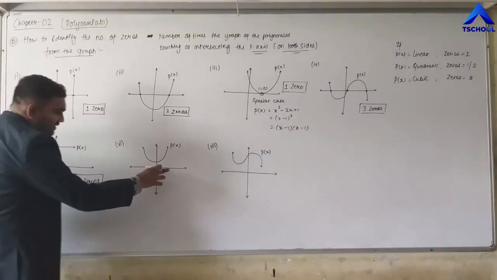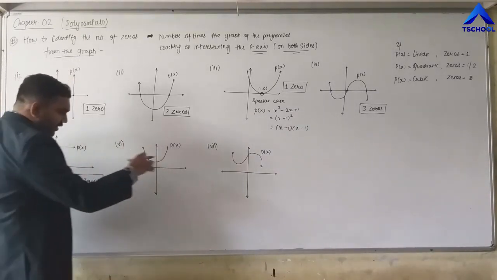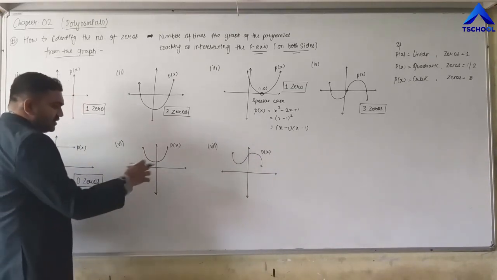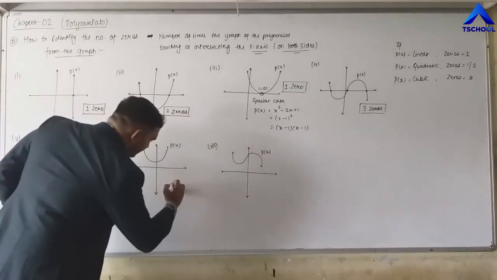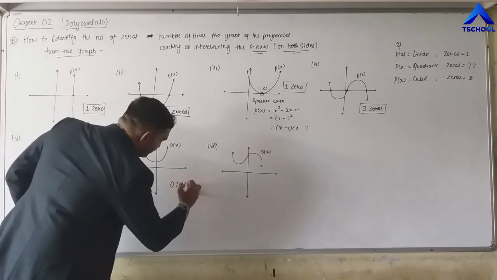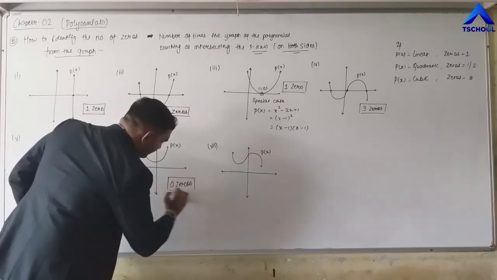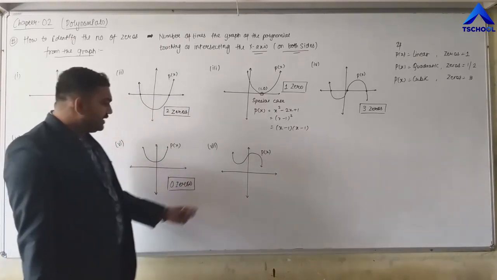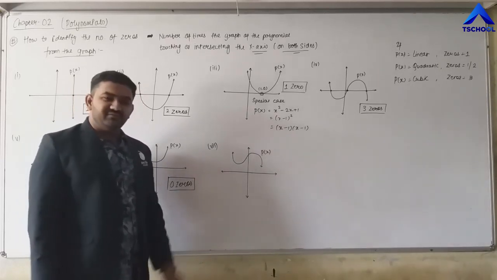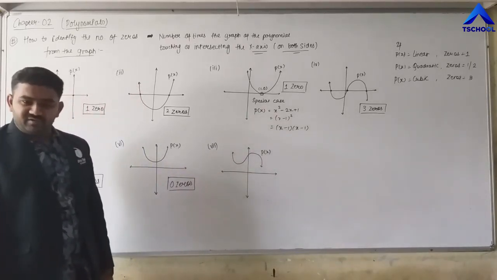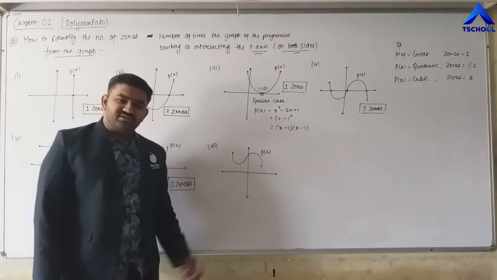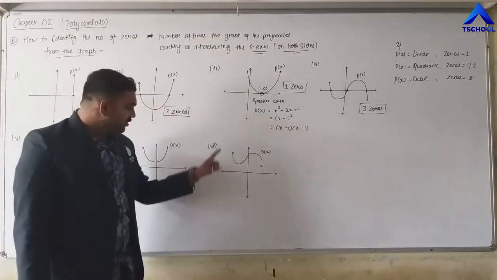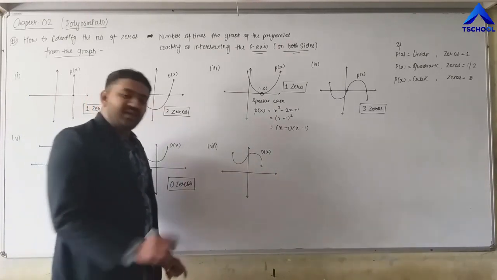So this quadratic parabolic graph of p of x does not intersect the x-axis, so it will again have 0 zeros. And in case number 7, there is a waveform-like graph, which again does not intersect the x-axis anywhere. So this graph again will have 0 zeros.